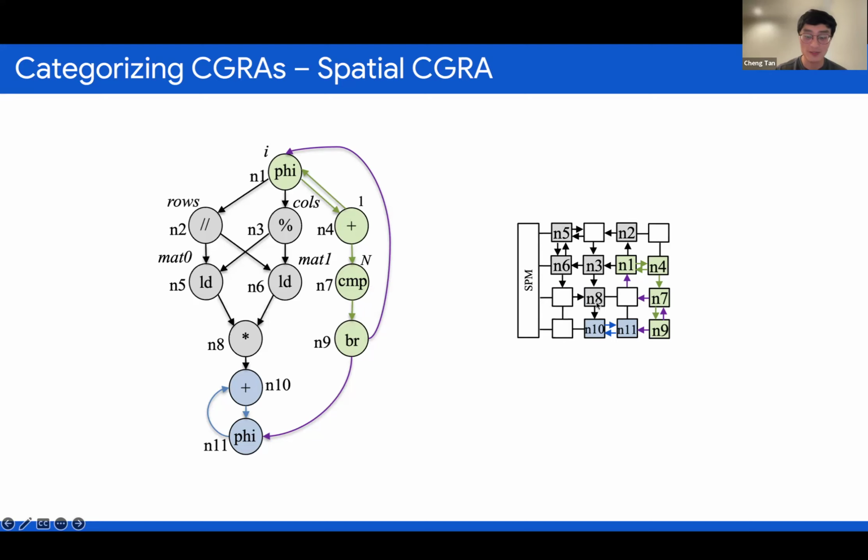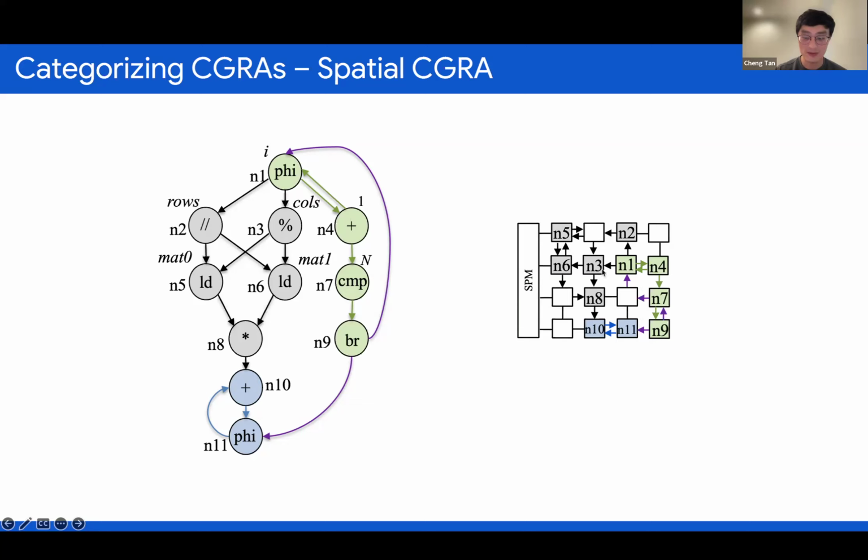Each tile contains multiple functional units, so it contains both the comparator and the adder here, and then you choose one after you launch the kernel. Each tile is in this kind of homogeneous CGRA. Even though you map different operations onto it, the hardware is homogeneous.